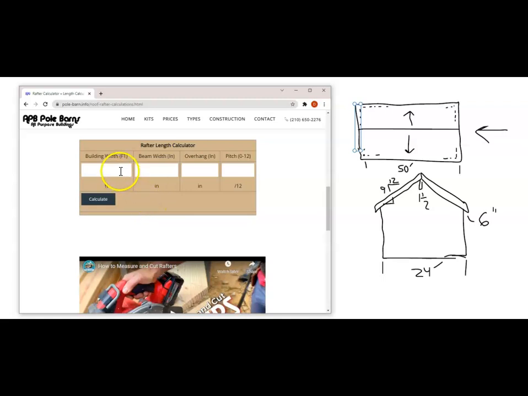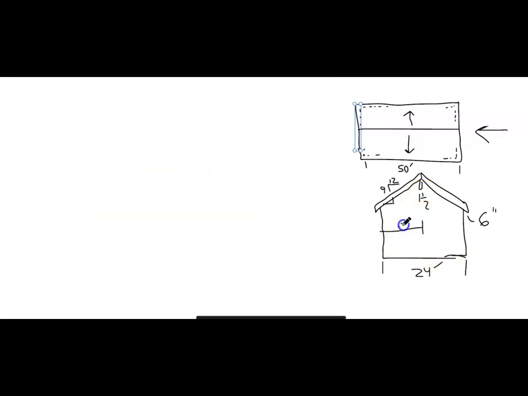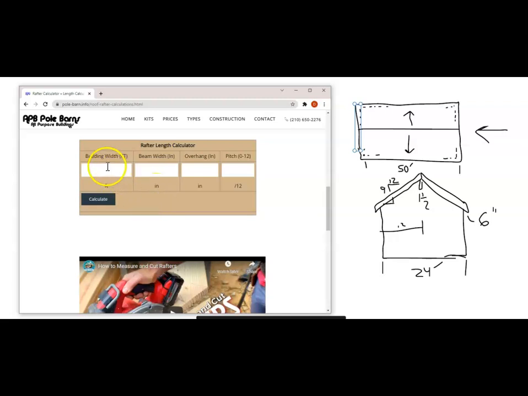Here we will put in our values. What they're trying to determine is the length of the rafter, but that's also what we need. We were given this 24, so we know that this is 12, but we don't know the rafter's true length. So we have to take this 12 plus this 9/12 and determine that.